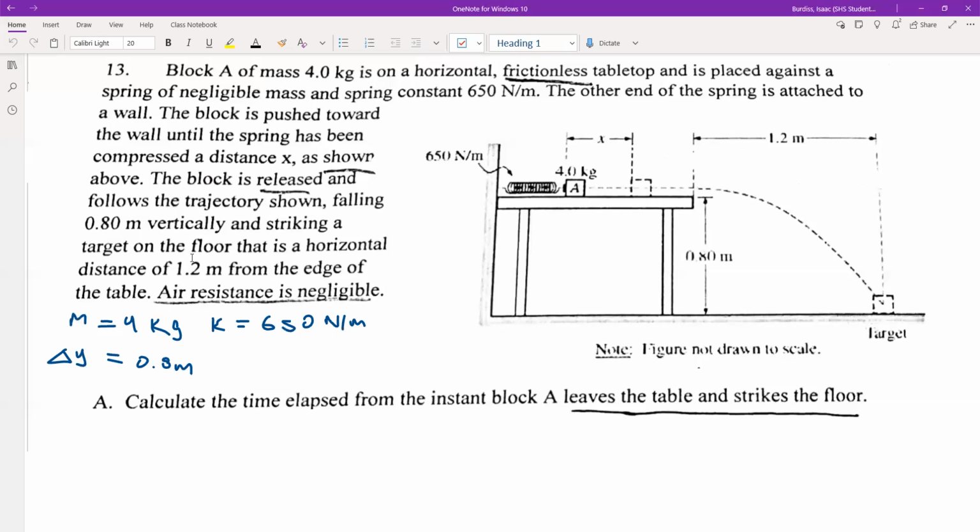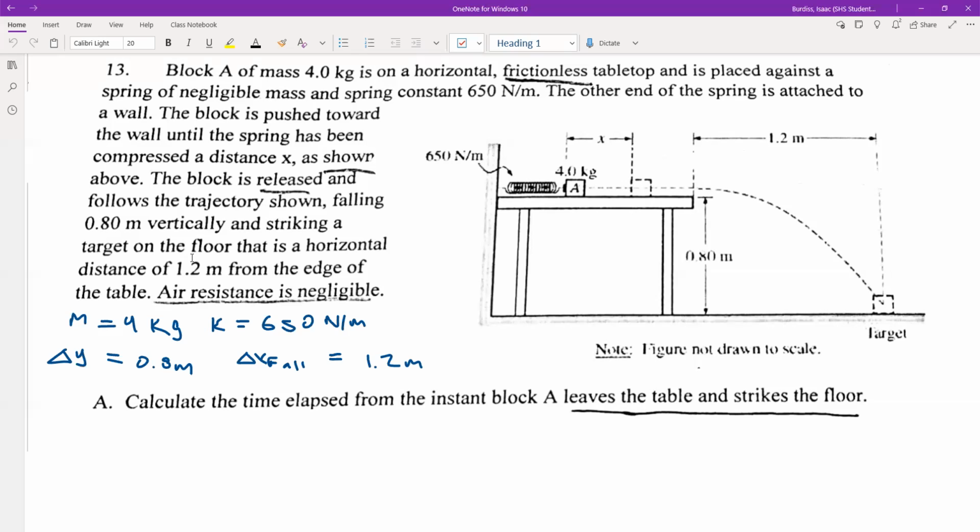And then you would also find out that the change in x during the fall is 1.2 meters.